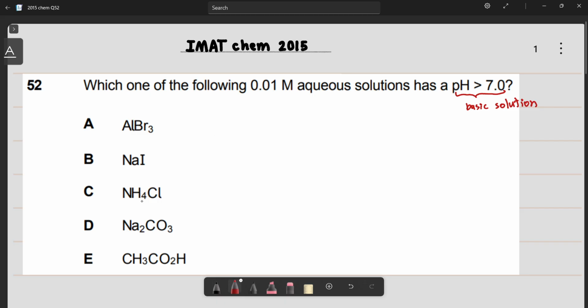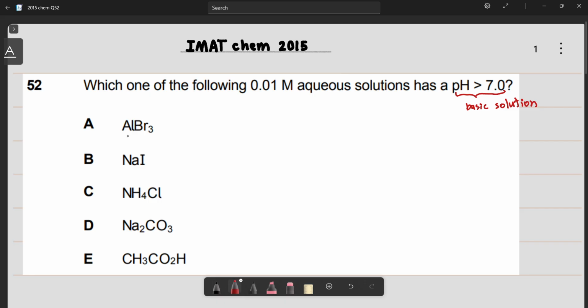So we must go through each of the 5 compounds to determine which is going to form this basic solution. But first we must identify what type of compounds these are, whether they're ionic or salt or acid or base. So we have to identify that first.